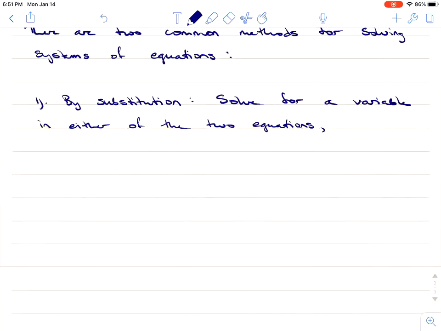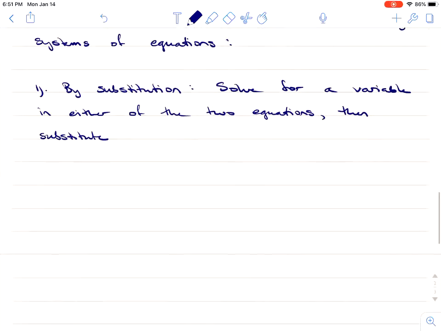Substitute that answer into the other equation. Then substitute the result into the other equation.